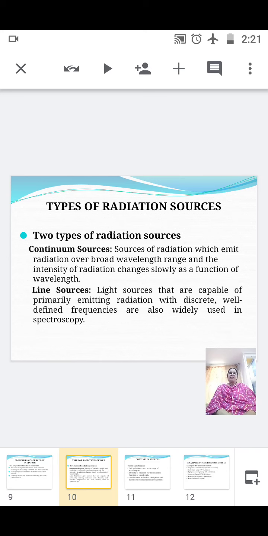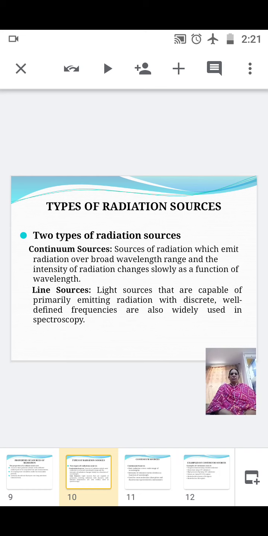The second one is the line sources. Light sources that are capable of primarily emitting radiation with discrete well-defined frequencies are called line sources, which are widely used in spectroscopy. We have two types of radiation sources: the continuum sources and the line sources.